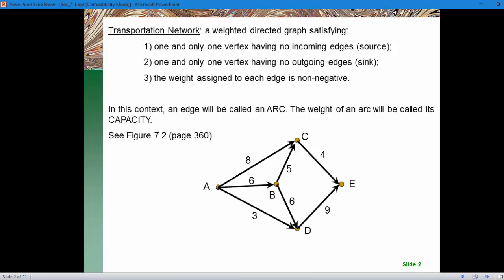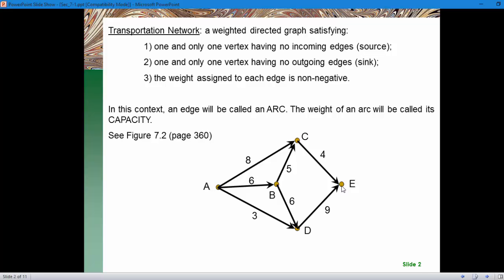Here's an example of a transportation network. This is a weighted graph, and each edge has a direction, so it's a weighted directed graph. And notice the two special vertices. Here is the source, a vertex having no incoming edges, only one.